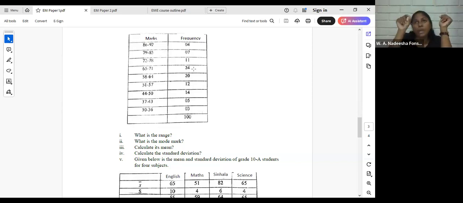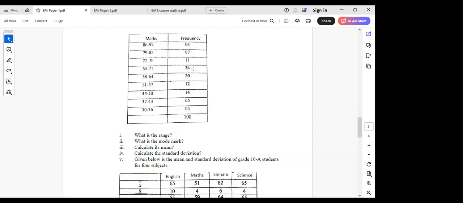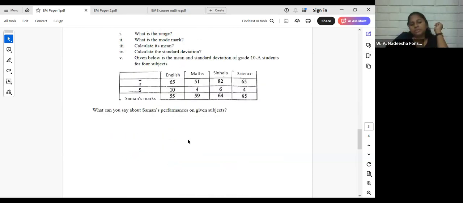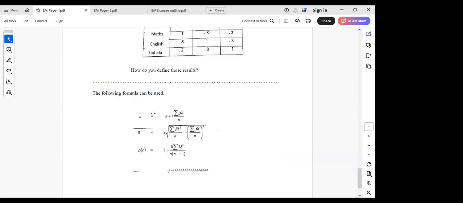It means we have to add another column x. Within the range we can't do anything, so we have to consider the mid value x. Then cumulative frequency, fx. Yes, very good. Then you can use this equation.